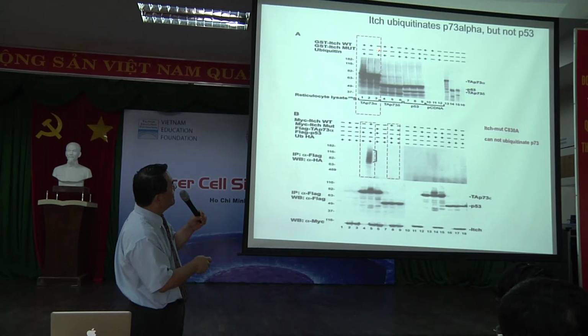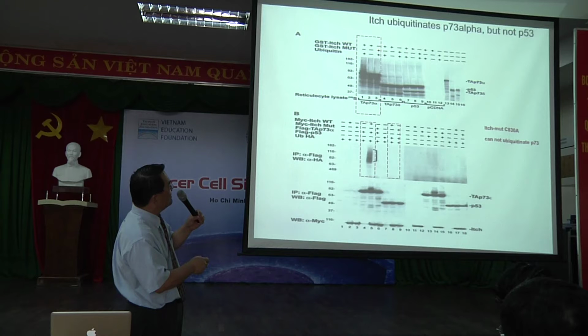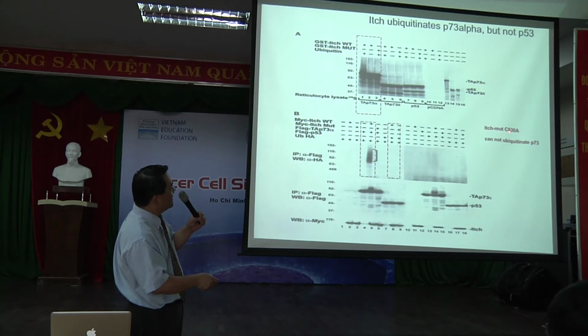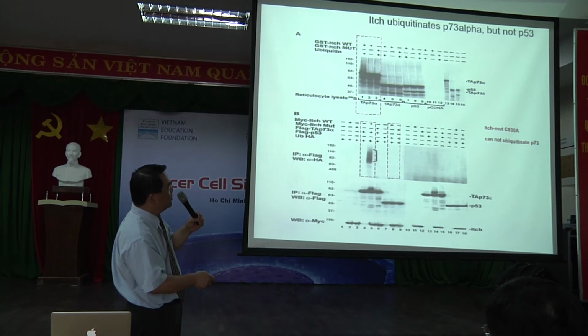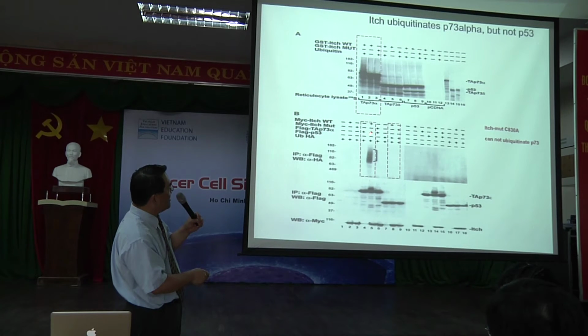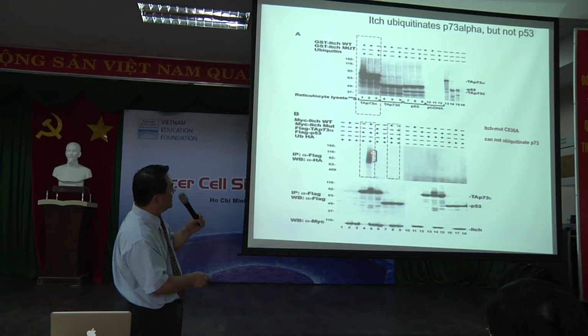With the mutant, okay, this is a mutant to wipe out the each activity. This is the C30A. This basically wipes out the HECT domain's activity to ubiquitinate P73. There's no ubiquitination. You only ubiquitinate P73 alpha because each with P73 alpha got ubiquitinated.